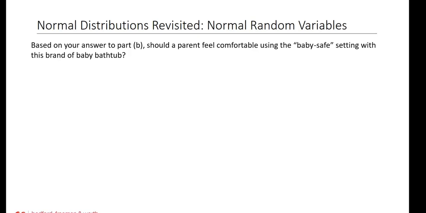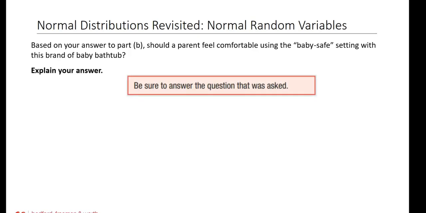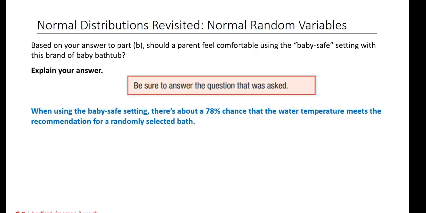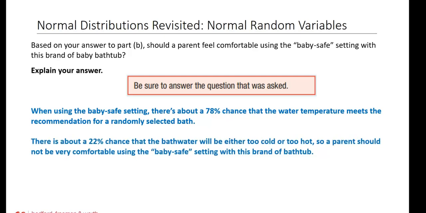Based on your answer to part B, should a parent feel comfortable using the babysitting setting? Well, be sure to answer the question. When using the baby safe setting, there's about a 78% chance the water temperature meets the recommendation for a randomly selected bath. It's not great. I mean, if you give 10 baths over 10 days, 2 of them won't be the right temperature.